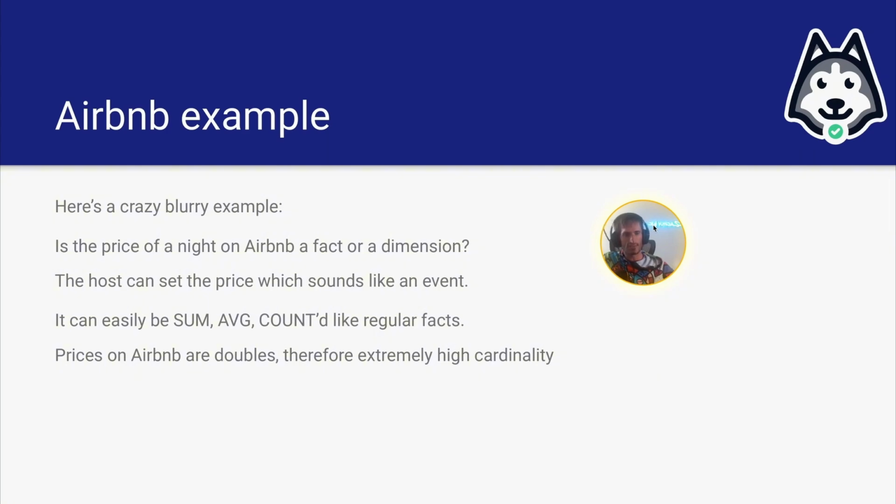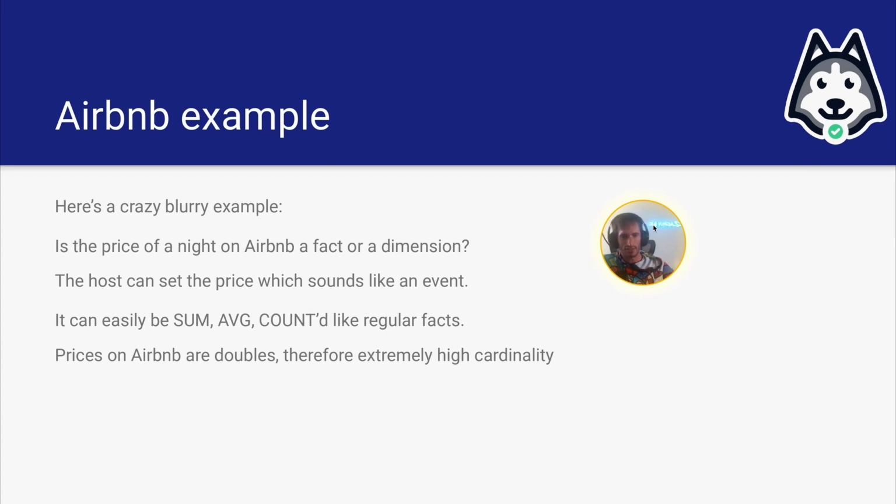On a specific night, you have a price for an Airbnb listing. Is that price a fact or is it a dimension? It seems like it might be a fact, because you can sum it. If I bought every night at this Airbnb for a month, you can sum it up and see what it would be.